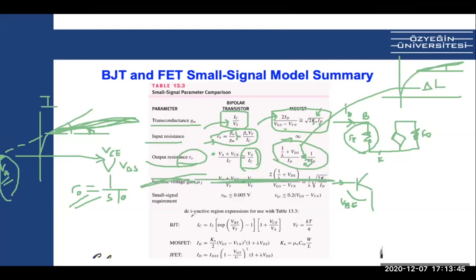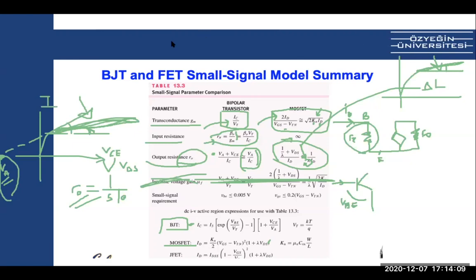For the BJT bias, the DC condition, we use this formula for this region, and for the MOSFET, we use this formula for this region. This is the region where we want to amplify and use the transistor for amplification.